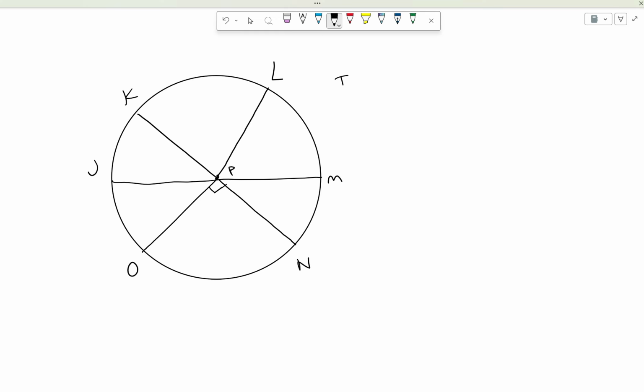So in circle P, the measure of angle NPM is equal to 46.